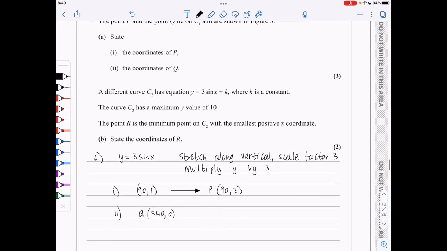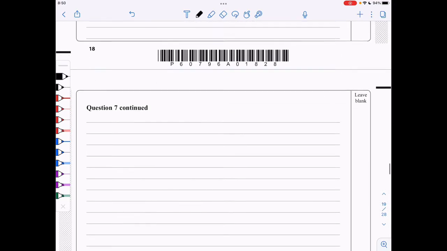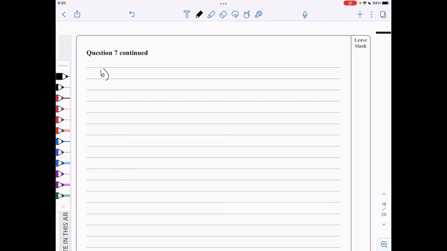Now a different curve, C2, has equation y is 3 sine x plus k, k is a constant. This curve C2 has a maximum y value of 10, and the point R is the minimum point on C2 with the smallest positive x coordinate, and we need to find the coordinates of R. So I will start by considering y is 3 sine x plus k. Now I've got the graph of sine x. 3 sine x means multiply y by 3.